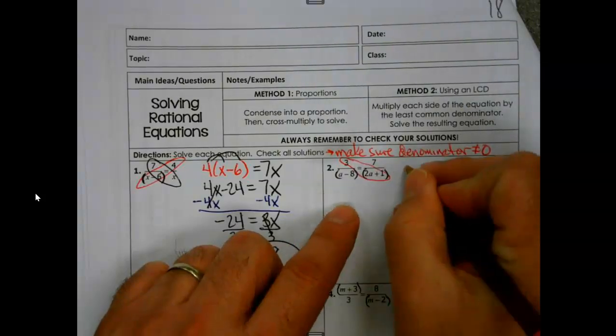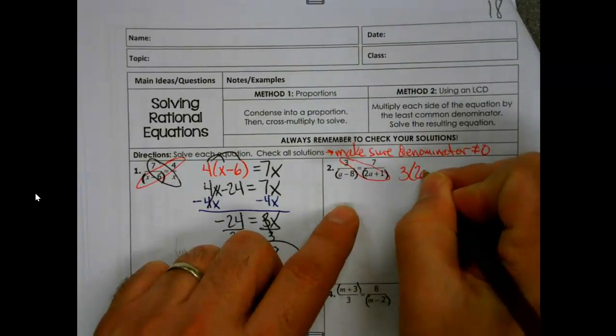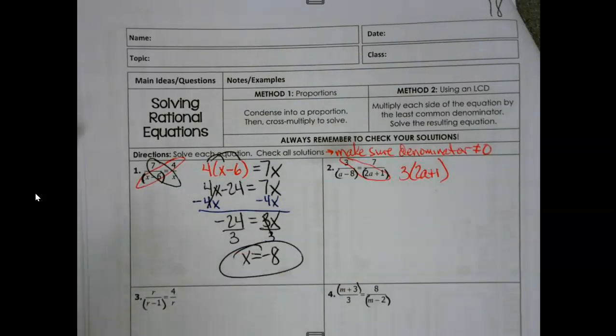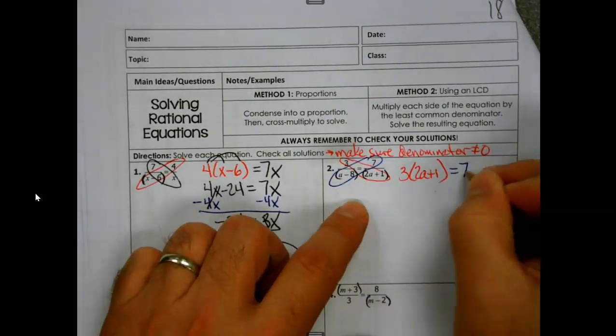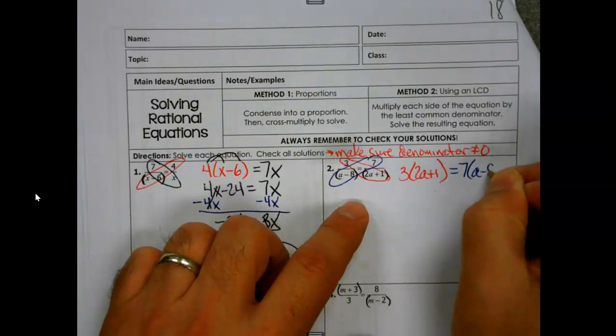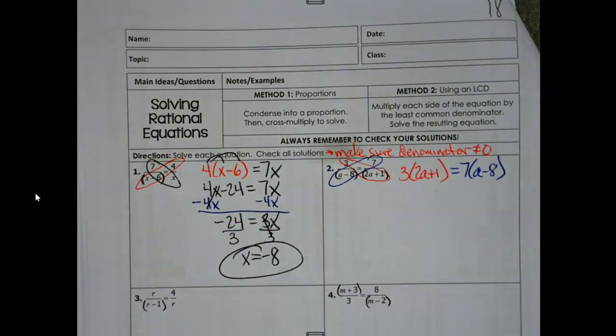We legitimately, with these, as long as we are good with our Algebra 1 skills, a little distributing and solving for an equation, we should be good on things.